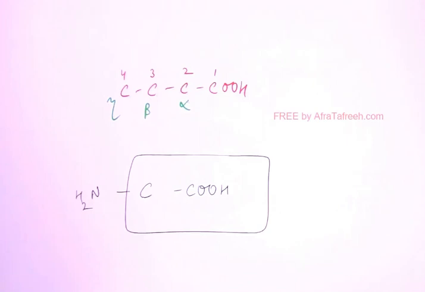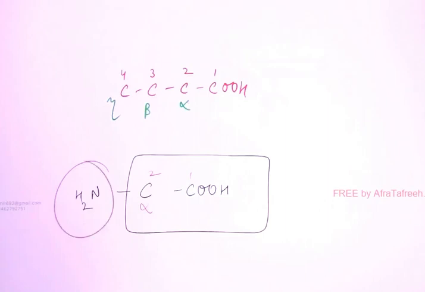In this acid, this is C1, this is C2. So, which is alpha? You know, C2 is alpha, right? Now, out of the total 2 carbons in this amino acid, which carbon has amino group? C2, or alpha carbon has amino group. That's why amino acids are called alpha amino acids, right?